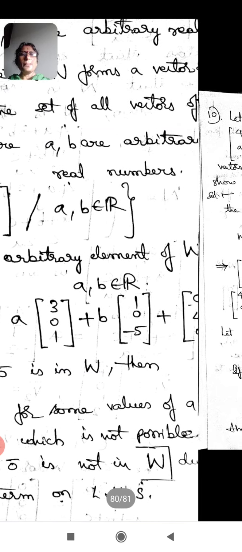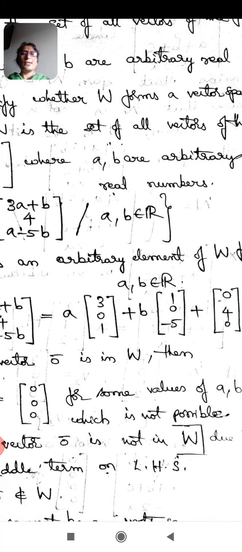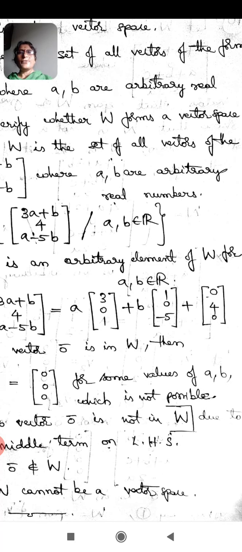And after plus b we have 1 0 minus 5, which are the coefficients of b from the left hand side column vector. And plus there is one more column vector on the right hand side, which is 0 4 0, where there is no scalar multiple present.